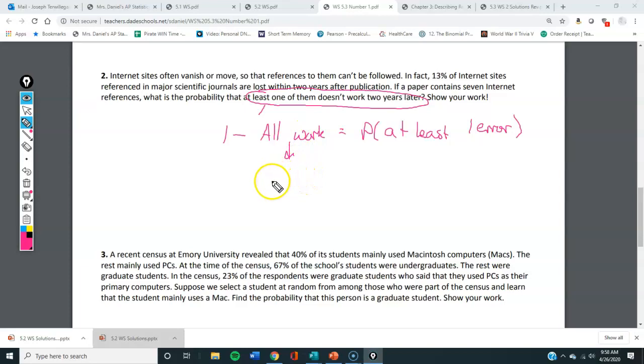Well, what's the probability the first one works? 0.87. What's the probability the next one works? 0.87. And so on. Then you multiply them just like we did with the CODs. So the shortcut way is you do 0.87 to the 7th. Then I do 1 minus that to get the probability of at least one error, the complement.